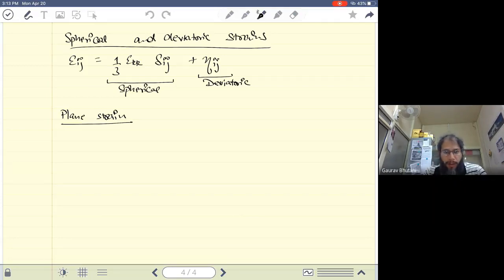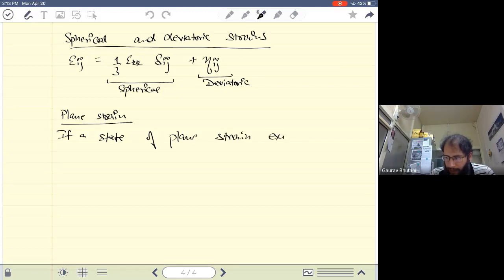Just as we talked about plane stress, the ideas are very similar. So we say that if a state of plane strain exists in the x1, x2 plane at a point P, because we have to define a plane, so we take the x1, x2 plane at a point P, because epsilon is defined at a point P, then the epsilon will look something like this.